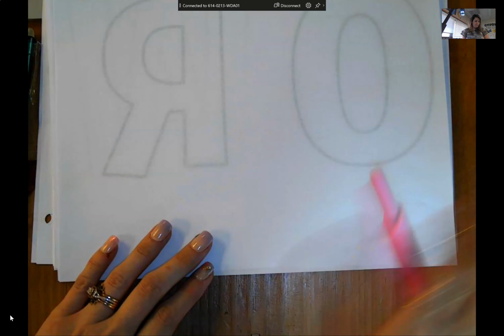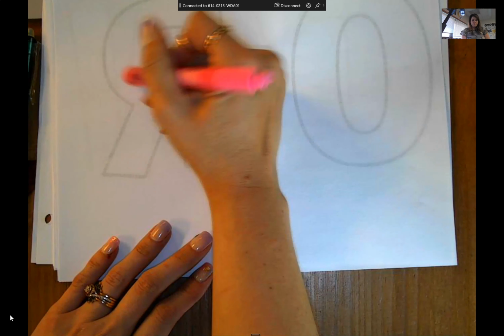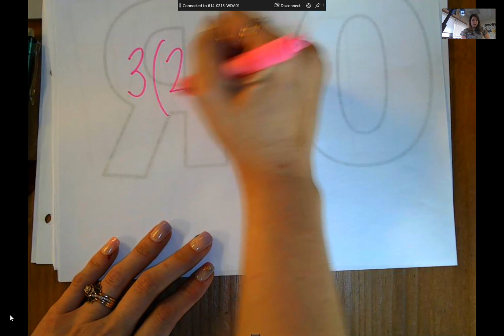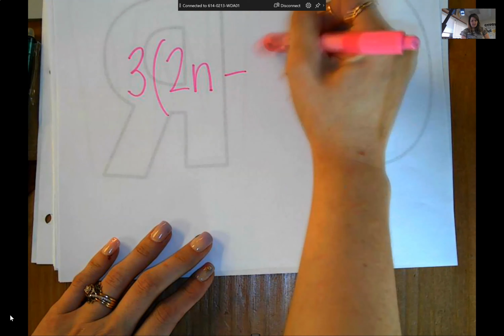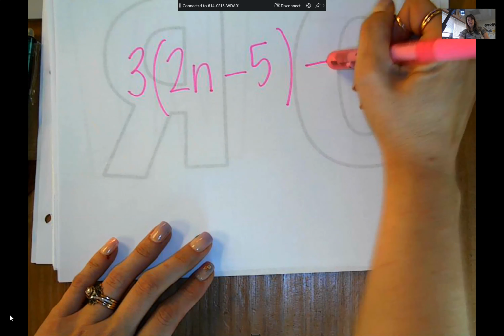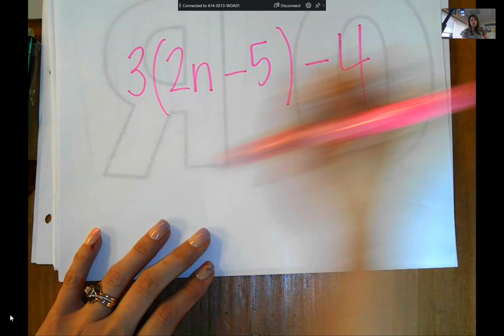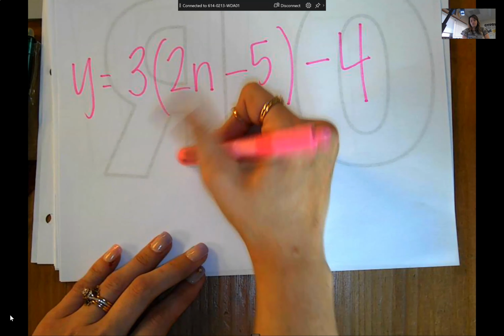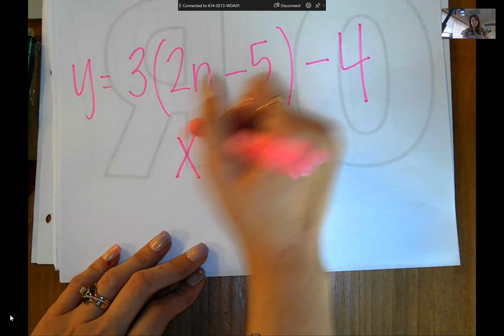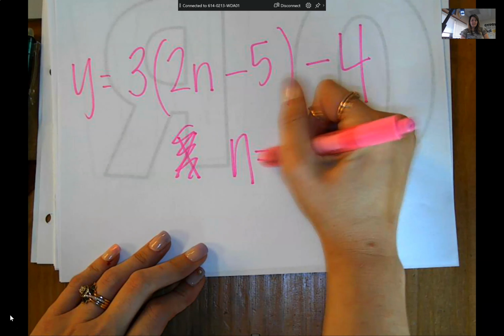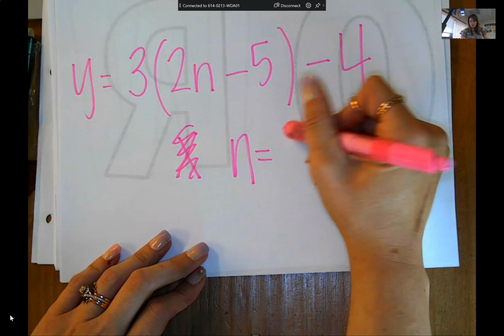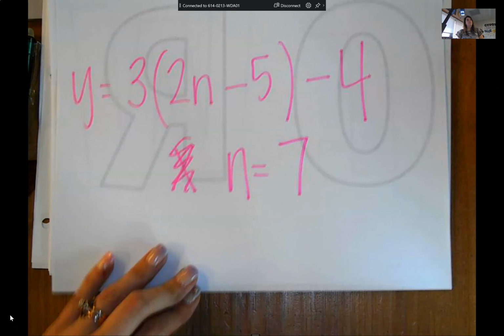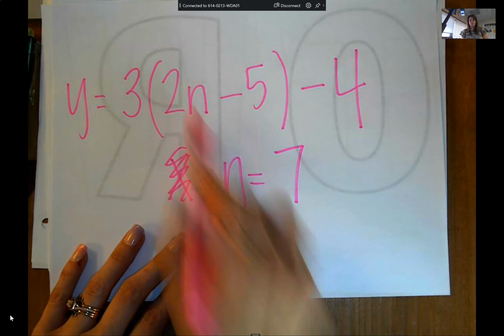I'm with you now. 3 times 2 minus 5 minus 4. Uh-oh, I didn't give it a name. Y equals. Figure out what y equals. That's an n. When n is 7. So you just replace the n with the 7.